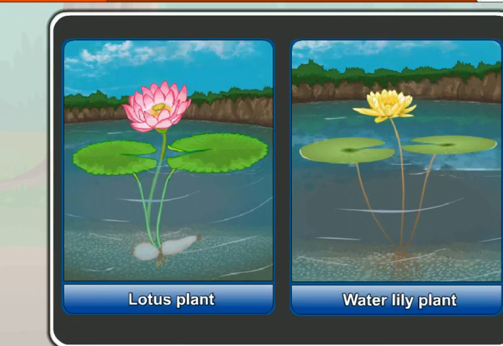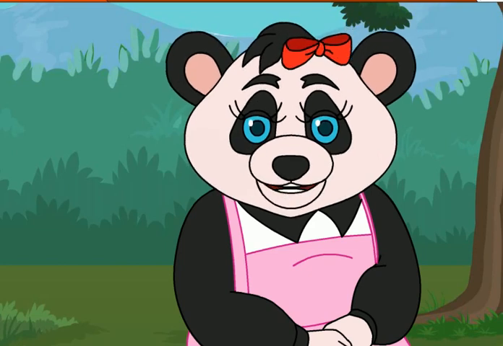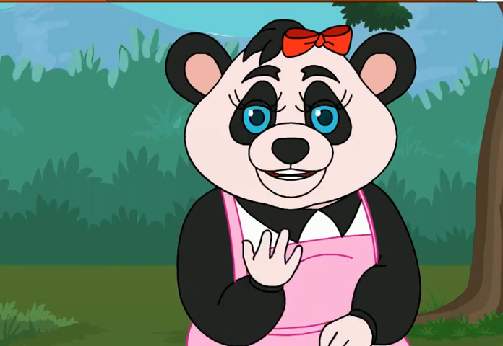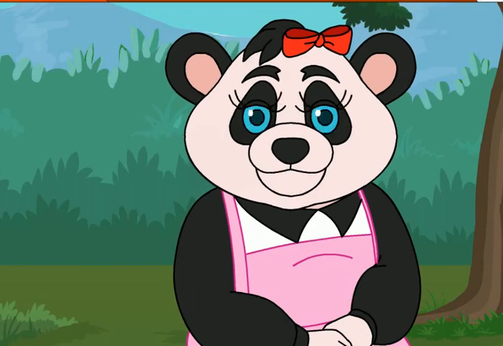Now, look at the lotus plant and the water lily plant together. Are there any similarities between these plants? Yes, there are. Like the lotus leaves, the water lily leaves are also broad.